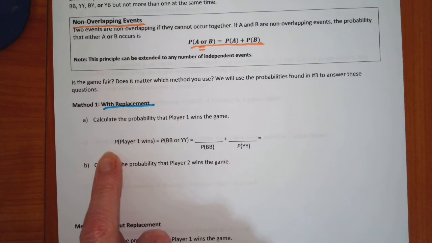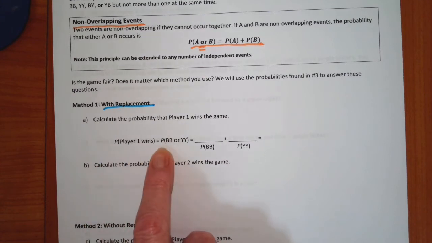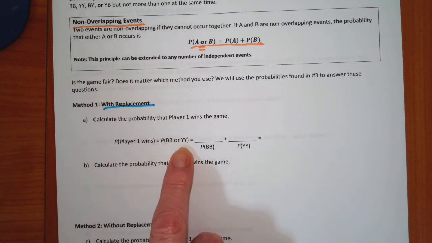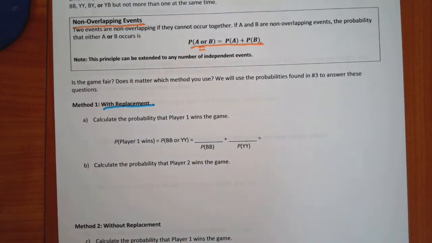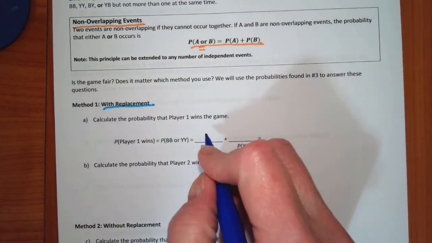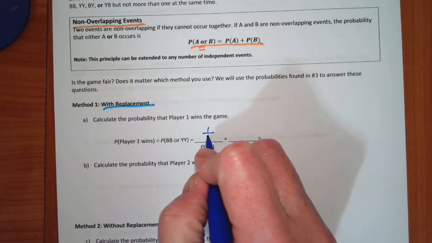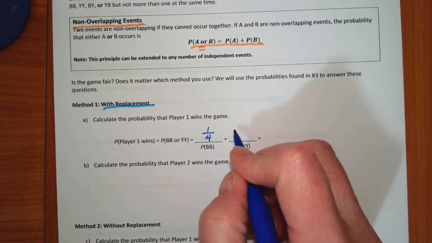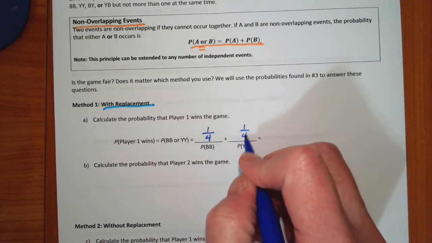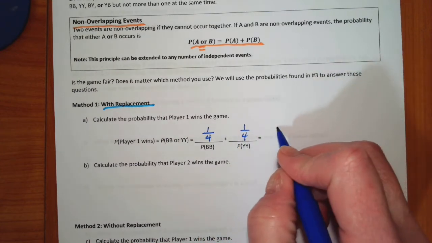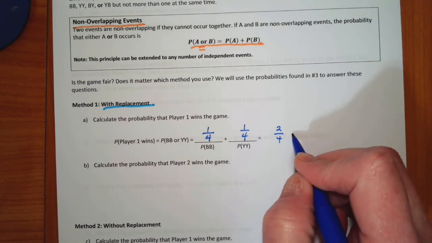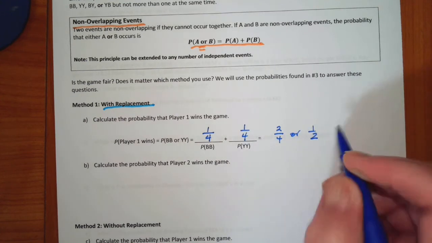All right, let's calculate the probability that player 1 wins. Well, the probability that player 1 wins is the probability of blue-blue or yellow-yellow. If I look back on my sheet, then I find that the probability of blue-blue is 1/4. The probability of yellow-yellow is 1/4. So that becomes 2/4 or 1/2.